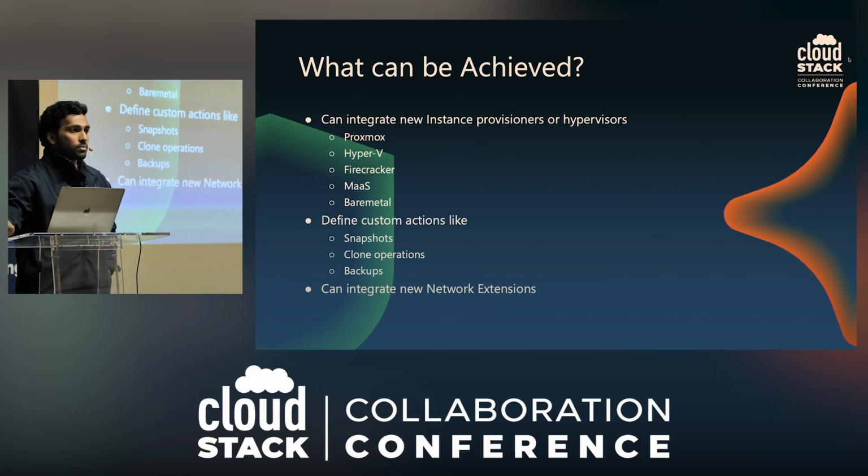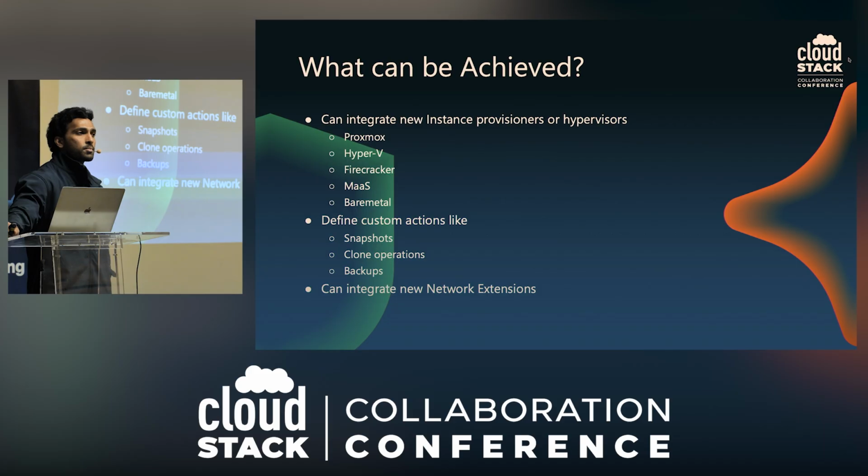So what we can achieve with this extensions framework is adding anything into CloudStack easily. Where we started is adding an extension of type orchestrator, basically any external system which can orchestrate instances, for example Proxmox, Hyper-V, Firecracker, Bare Metal, anything actually.